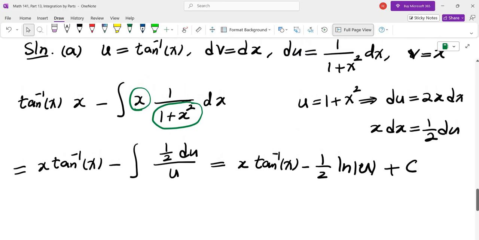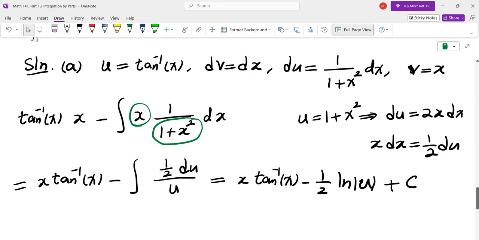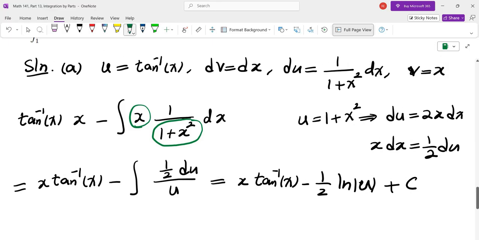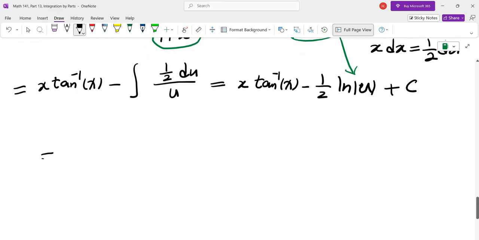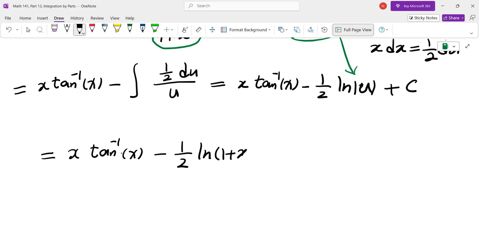Now we have to plug u back in. So u is 1 plus x squared. Now 1 plus x squared is always positive, so we don't need the absolute value. We get x tan inverse of x minus 1/2 natural log of 1 plus x squared plus c.